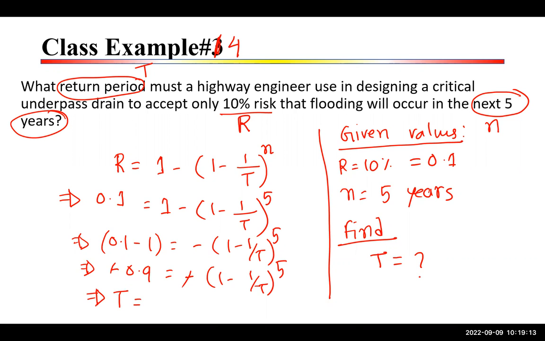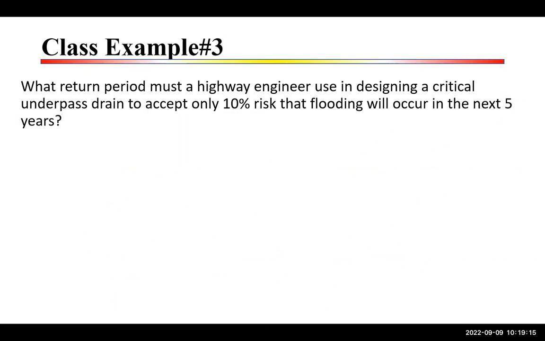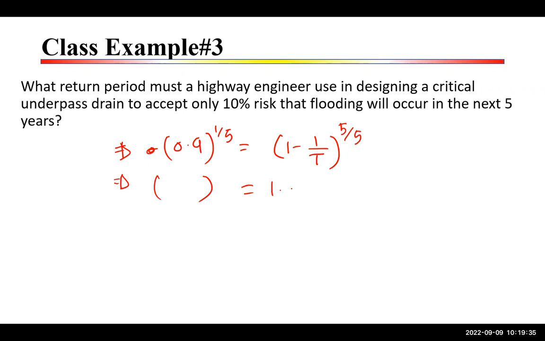I'm going to the next slide. Okay. 47.6. That sounds reasonable. So 0.9 to the power 1/5 equals 1 minus 1/T, with the 5/5 power, right? So that will be some number equals 1 minus 1/T.